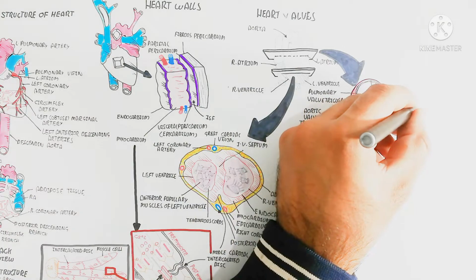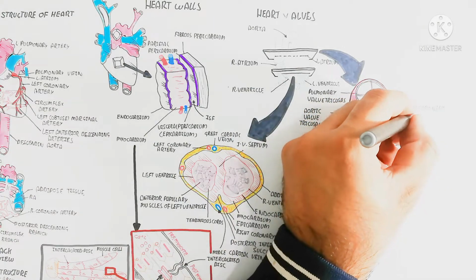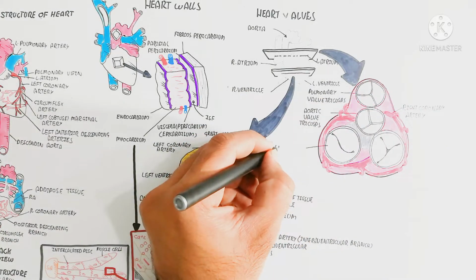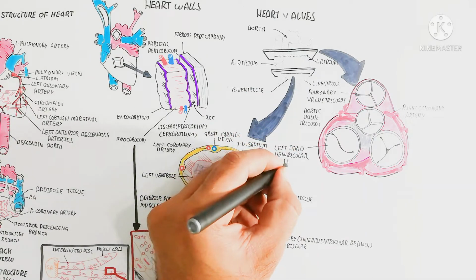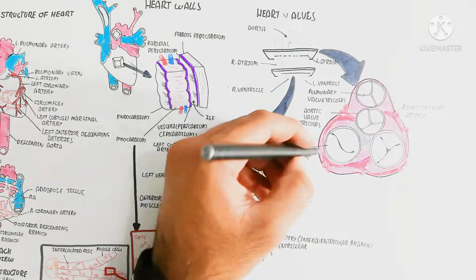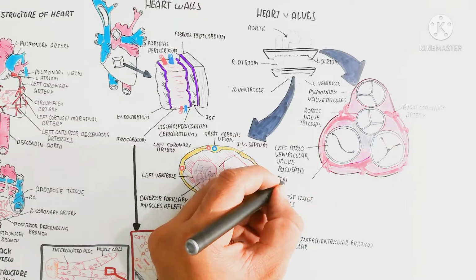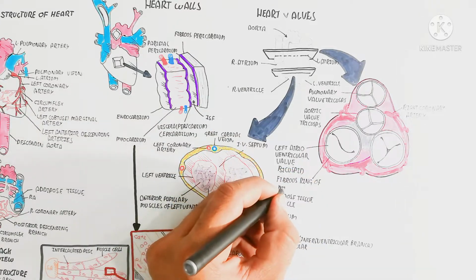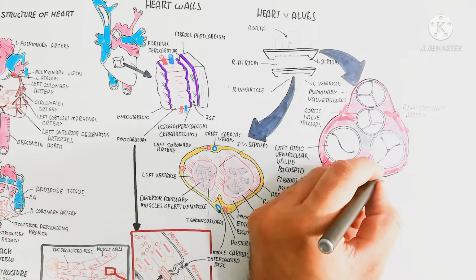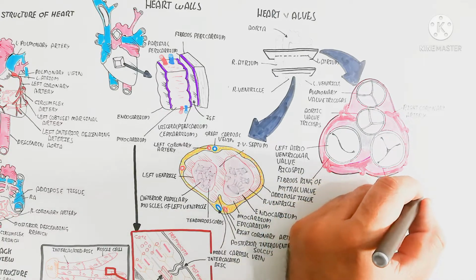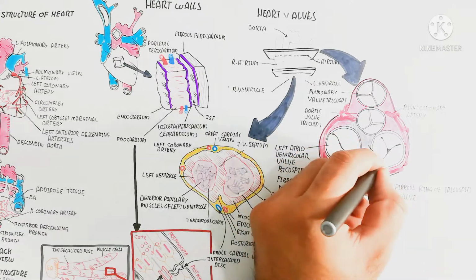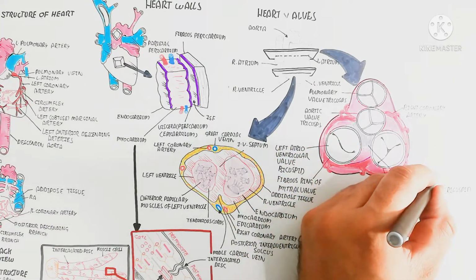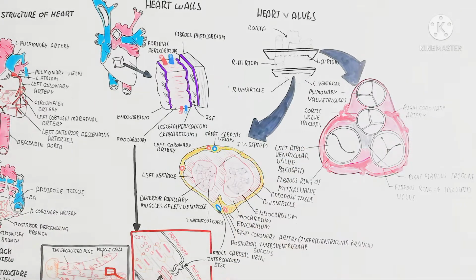And here is the aortic valve, which is tricuspid, and the pulmonary valve is tricuspid also, and this is the left atrioventricular valve. It is bicuspid. It contains two leaflets. And here is the tricuspid, the right atrioventricular valve.